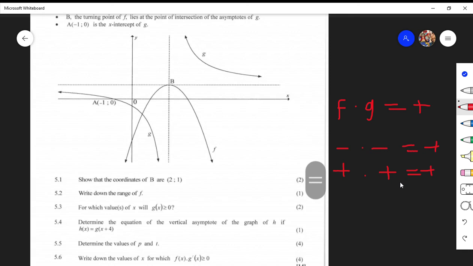So we need to see when both f and g are negative at the same time, or positive at the same time, right? They can't be one positive, one negative, or one negative, one positive. They both have to be either positive at the same time or negative at the same time. So what we can do is, let's see, go back to our graph.